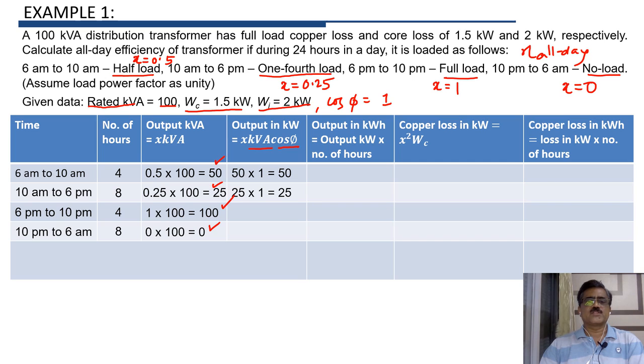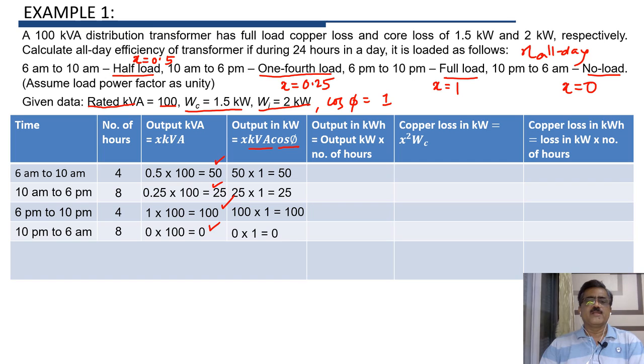In the next slot, it is 25 into 1, so 25 kilowatt. During the next slot, it is 100 into 1, that is 100 kilowatt. And in the last slot, the output is 0 kVA, so the output in kilowatt is also 0 into 1, that is 0 kilowatt.